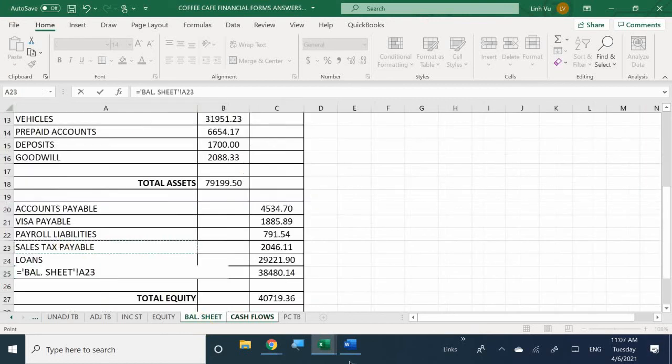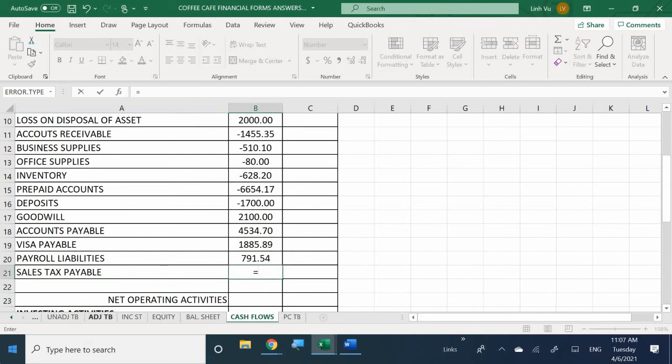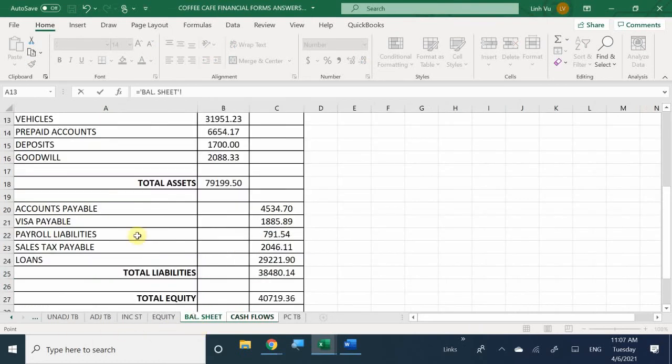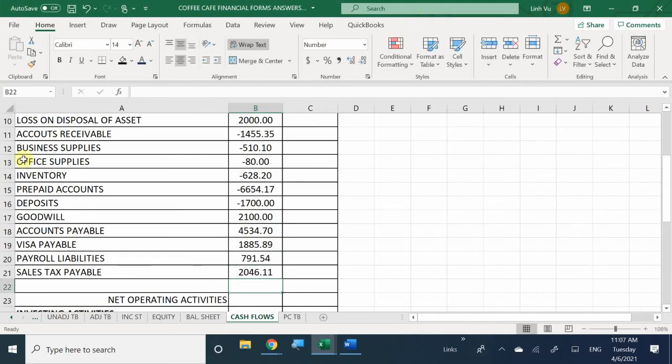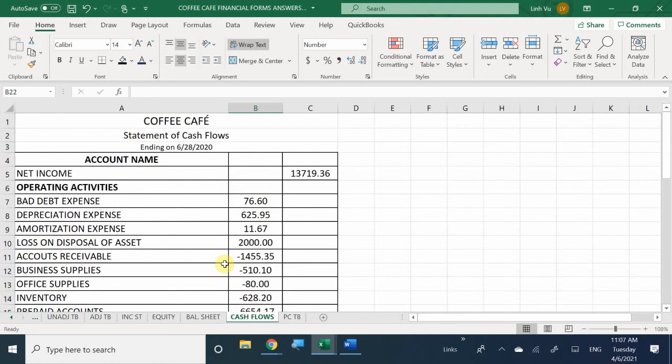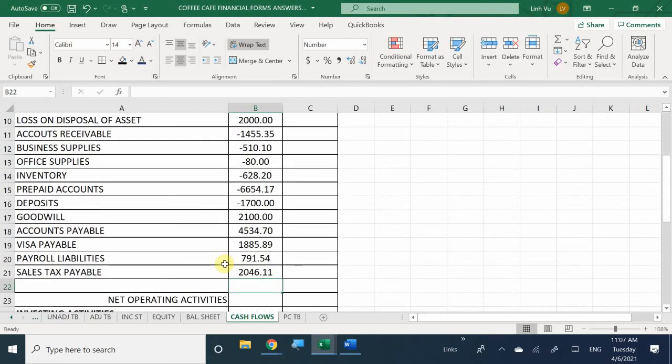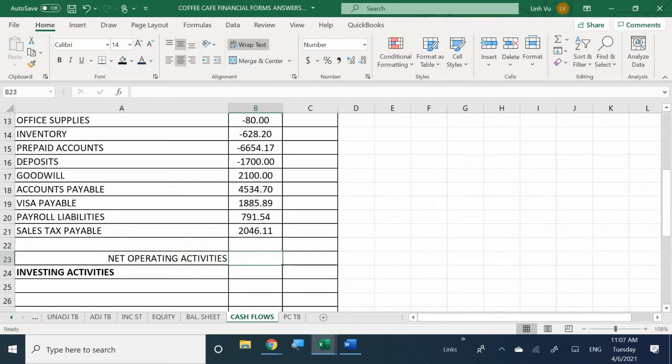No. So therefore, I need to add back that money. There it is. So this is now your total operating activities. So you can sum it up right here.